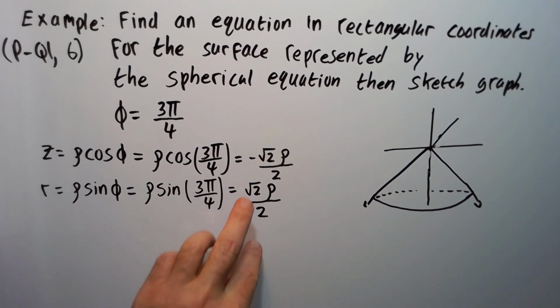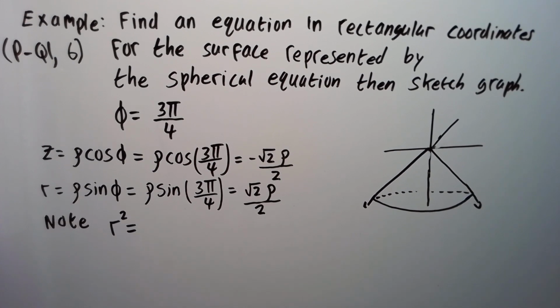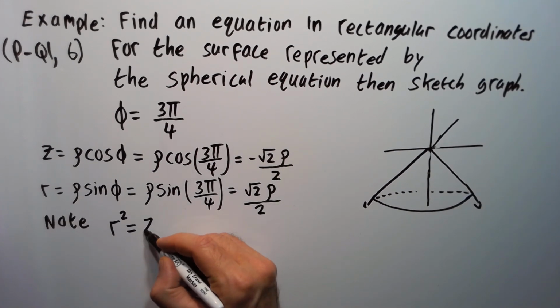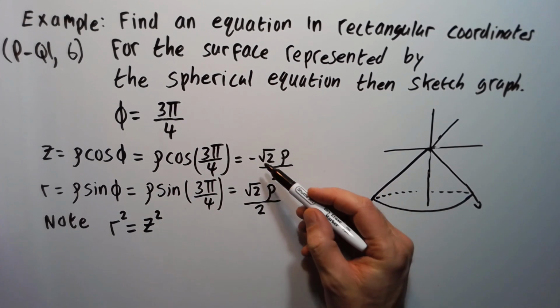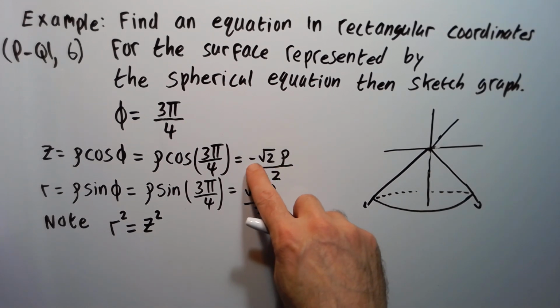And then note here, these are both the same, except they differ by a minus sign. So in particular, r squared will equal z squared, so let's note that here. So r squared equals z squared, again, because they both are the same except they differ by a minus sign. And also note that z is negative from up here, because we have a negative here.